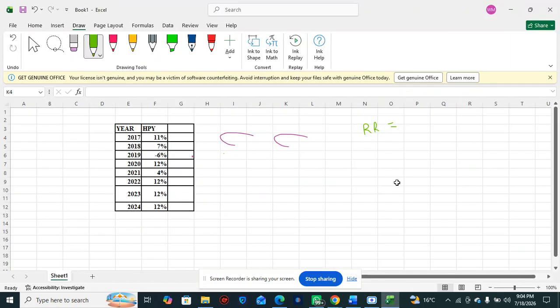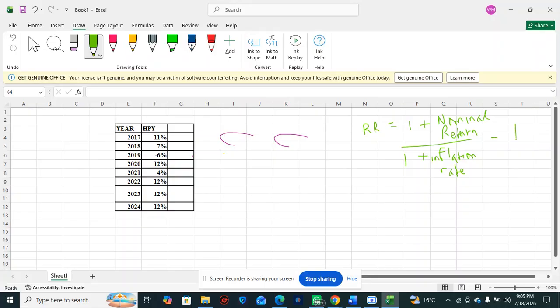The real return is going to be 1 plus the nominal return over 1 plus the inflation rate, minus 1.